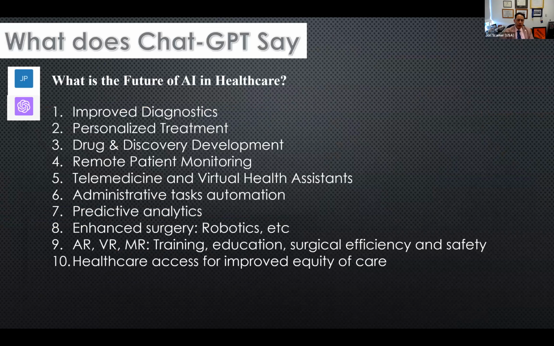And so let me just share with you a little bit of what ChatGPT thinks. If you ask ChatGPT, what's the future of AI in healthcare? These are all the things you probably already know. And many of these will be challenging from the standpoint of regulatory, like telemedicine and virtual assistants, administratively automating tasks. But what about when we make errors with medications and with decision-making?